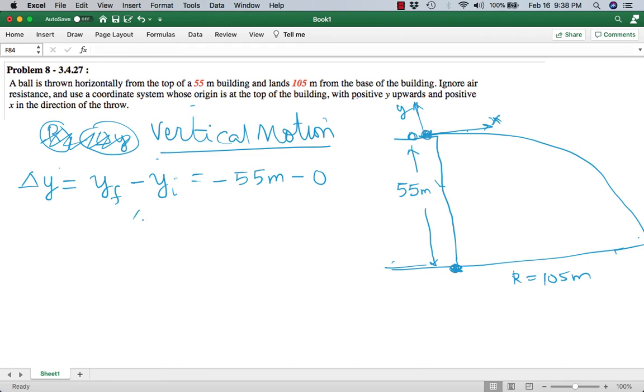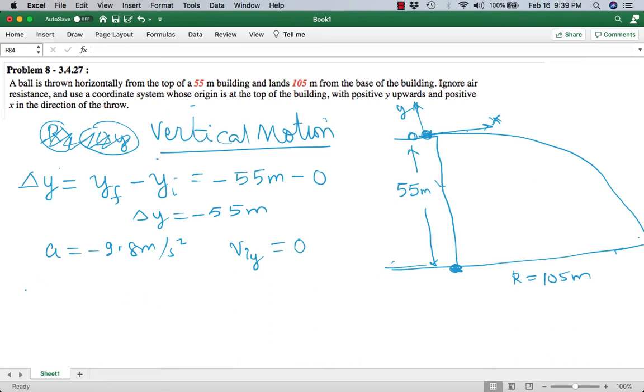So delta y is negative 55 meters. And for vertical motion, acceleration is negative 9.8 meters per second squared. For the vertical motion, it's just like dropping a ball. When you drop a ball, it starts from rest. So vi, initial velocity in y direction, is 0.